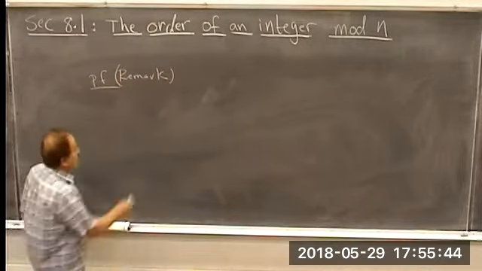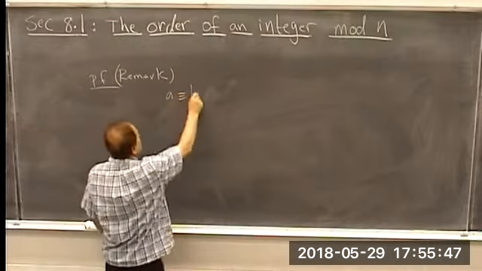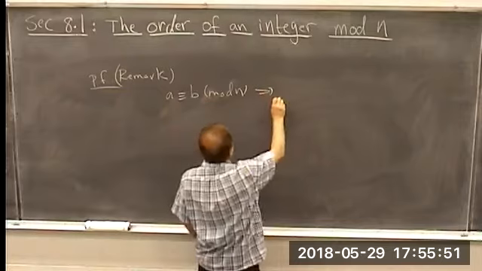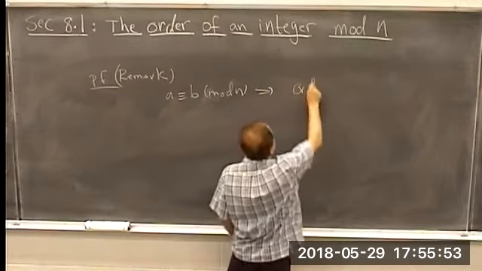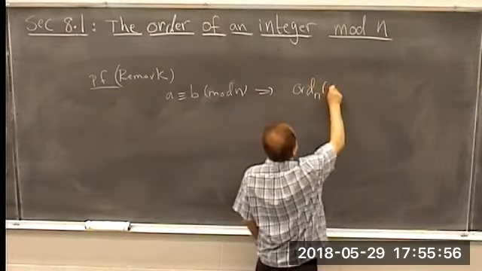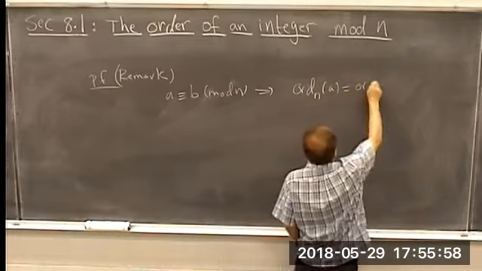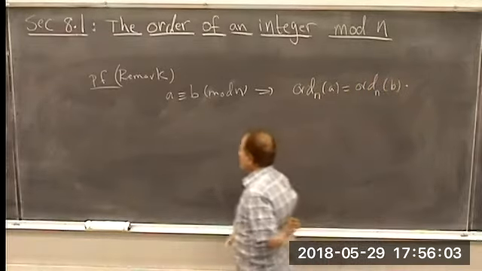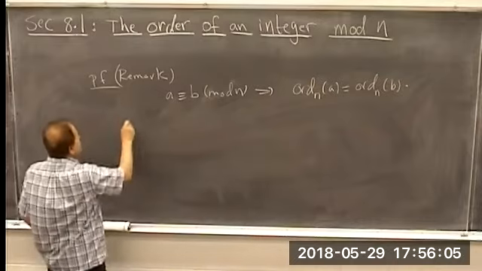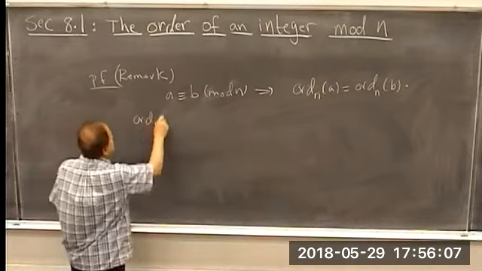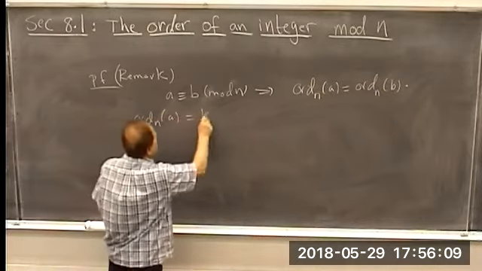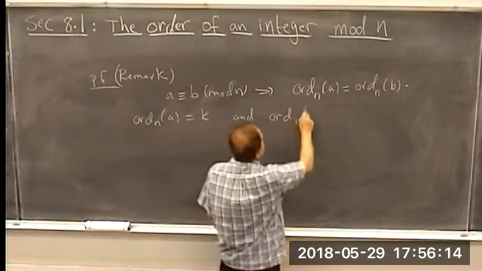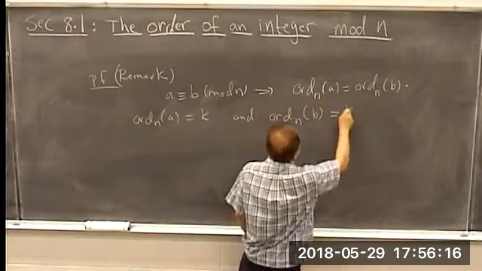So we have A is congruent to B mod N, and we want to show that the order of A is equal to the order of B. So let's assume that the order of A equals K and the order of B equals K prime.